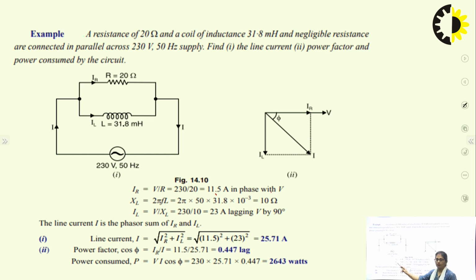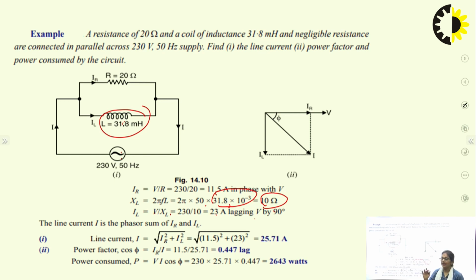Similarly, XL is 2 pi FL or omega L, considering the frequency is given as 50 hertz. So, that is 2 pi 50 into L. L is given as 31.8 millihenry, 10 to the power of minus 3. Substituting, I will have it as 10 ohms. So, the current in the inductive branch, that means IL, will be given by V upon XL, that means 230 upon 10, that is 23 amperes, but this is lagging the voltage by 90 degrees, right?